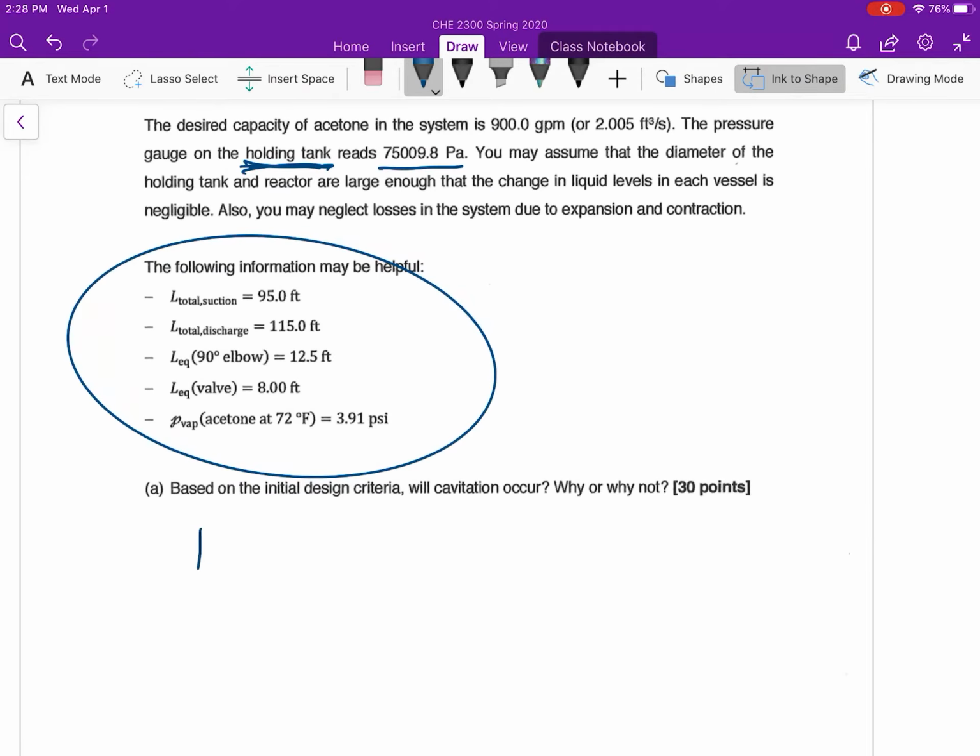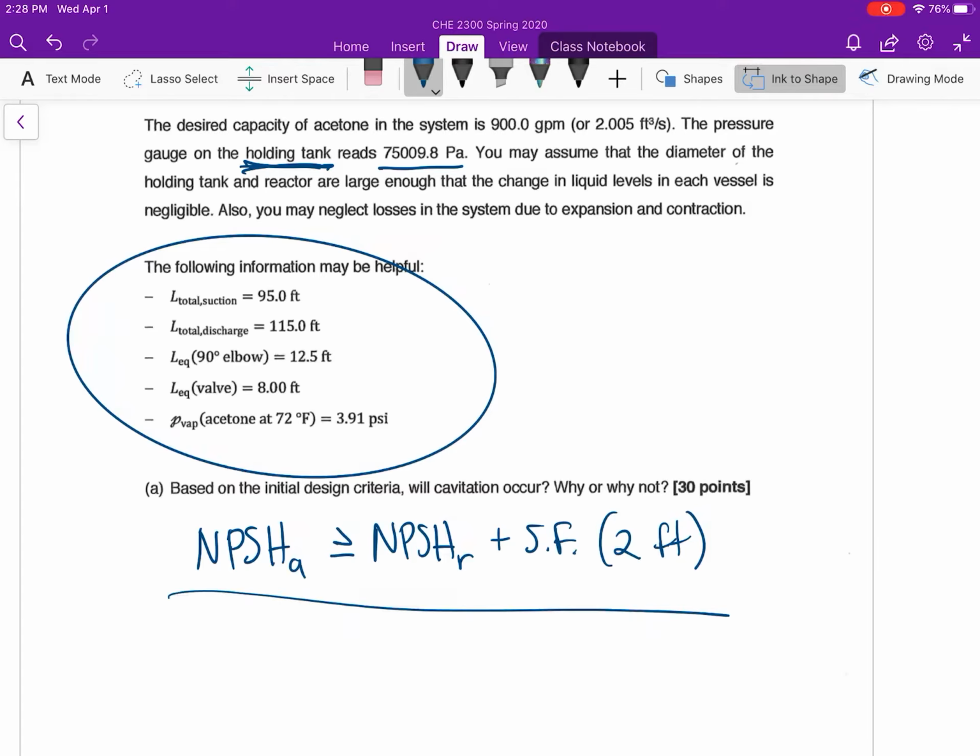So the question I am asking here ultimately is: is the net positive suction head available for my system greater than or equal to the net positive suction head required for my system plus some safety factor, which for us we've assigned to be 2 feet?